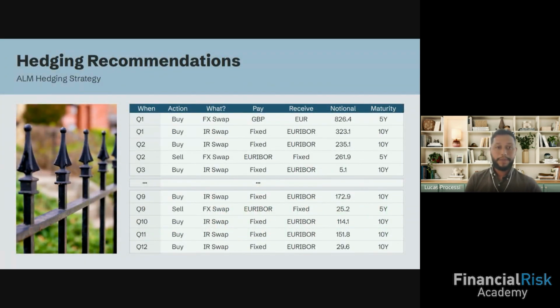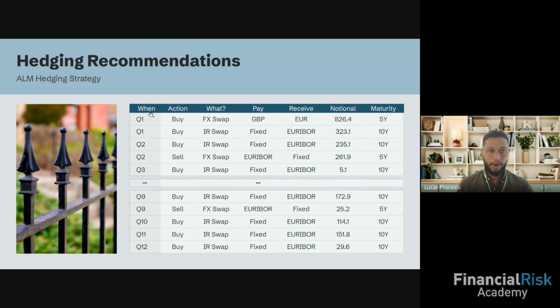Okay, so another report here is a breakdown of the hedging recommendations of the model. So this is using the ALM hedging strategy for producing swap deals, right?